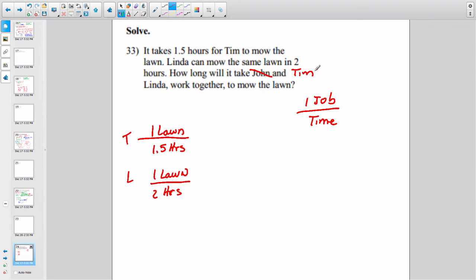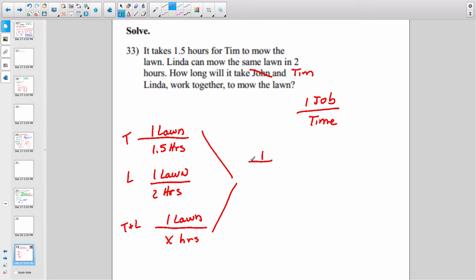That's funny. Okay, so how long if they work together? So that would be, let's say, T and L. One lawn, because they're mowing the same lawn, right? But in how many hours? Who knows? So we put an X there. So let's make this equation. The word problem is basically saying if they work together.